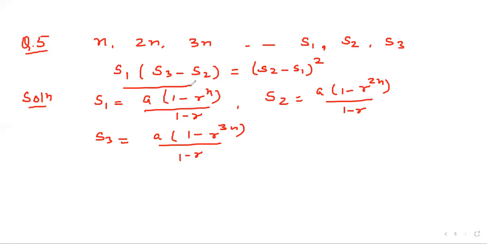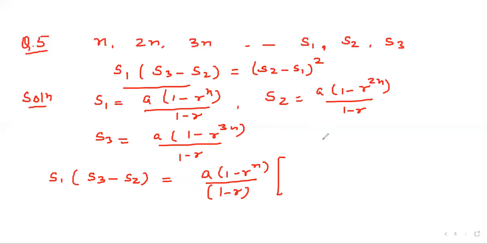Now we consider LHS. So S1 times S3 minus S2. S1 means a times 1 minus r power n divided by 1 minus r, times S3 minus S2. So a upon 1 minus r will be common, then S3 minus S2: 1 minus r power 3n minus 1 plus r power 2n.